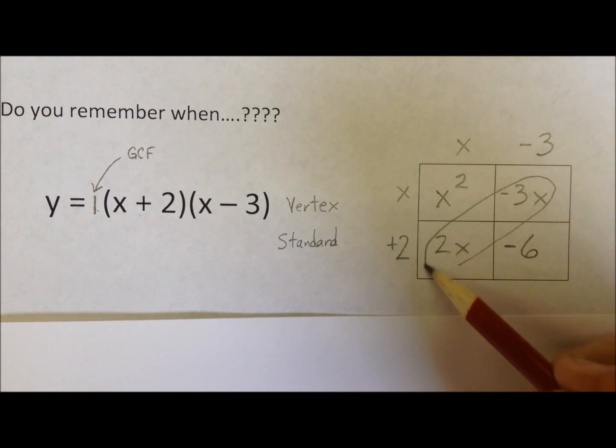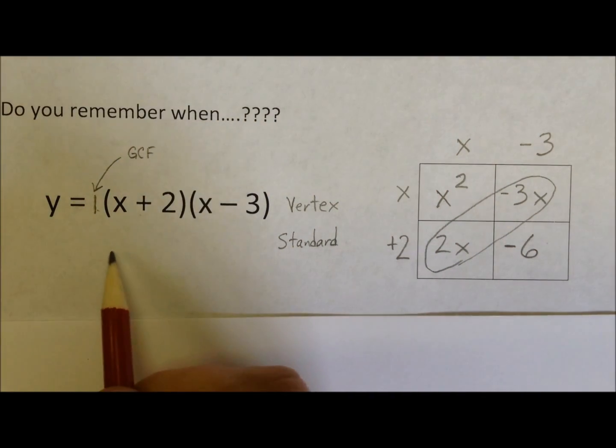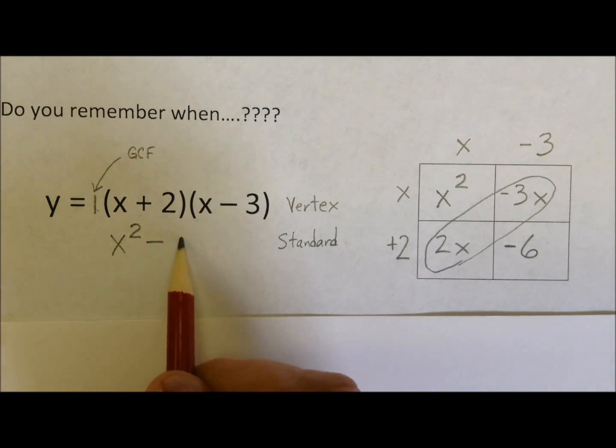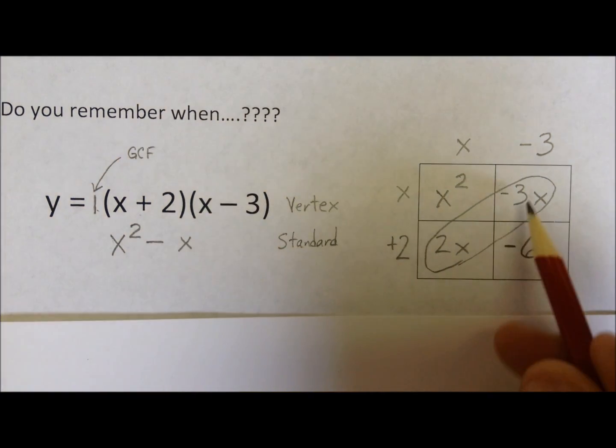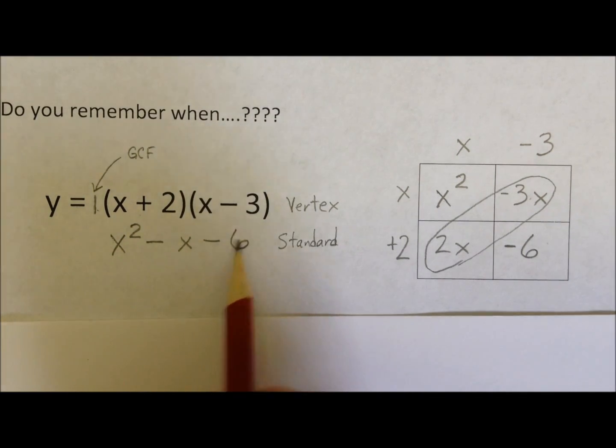We can combine these to create an answer of x squared minus 1x, because that's what these two combine to be, and then minus 6.